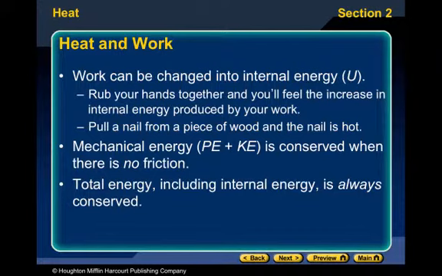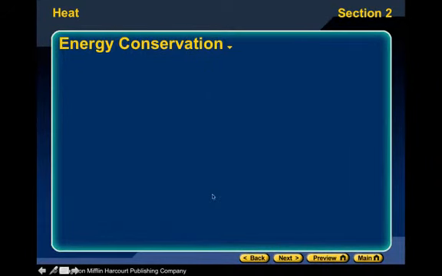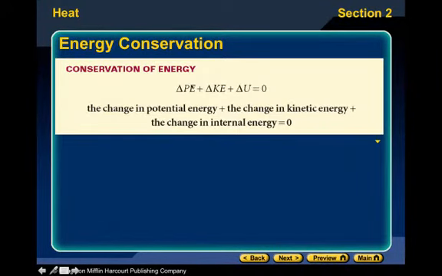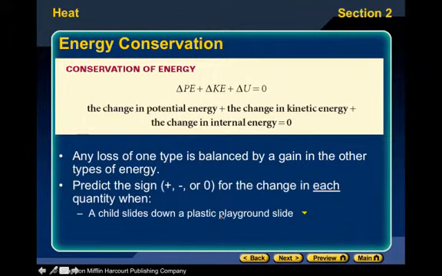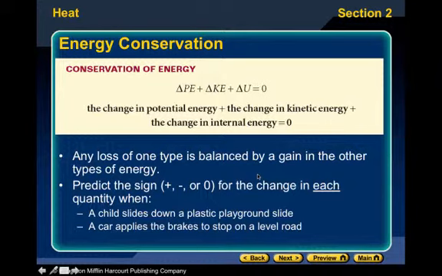So the change in potential plus the change in kinetic plus the change in U, remember U is internal energy, is equal to 0. Any loss of one type is balanced by gain in the other. Even if you lose all your potential and all your kinetic, you transferred all that energy into internal energy.